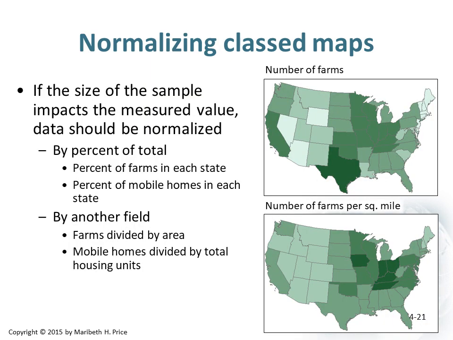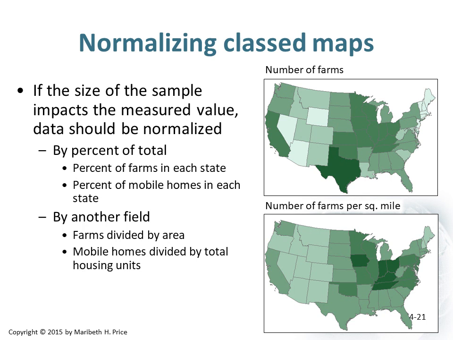Normalizing classes can be important, and we do this for lots of different reasons. If the size of the sample impacts the measured value, then the data should be normalized. Let me say that again. If the size of the sample impacts the measured value, then the data should be normalized. So if you're looking at, for example, the number of farms in each state, the size of the area that you're sampling, i.e. states, is different.